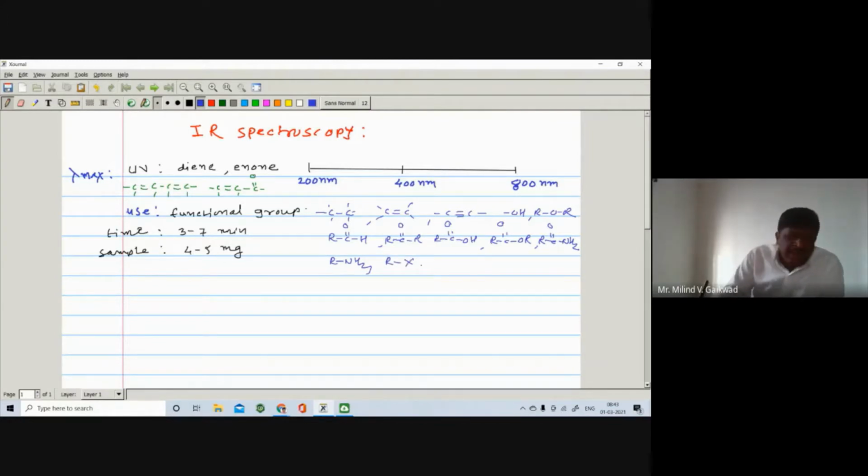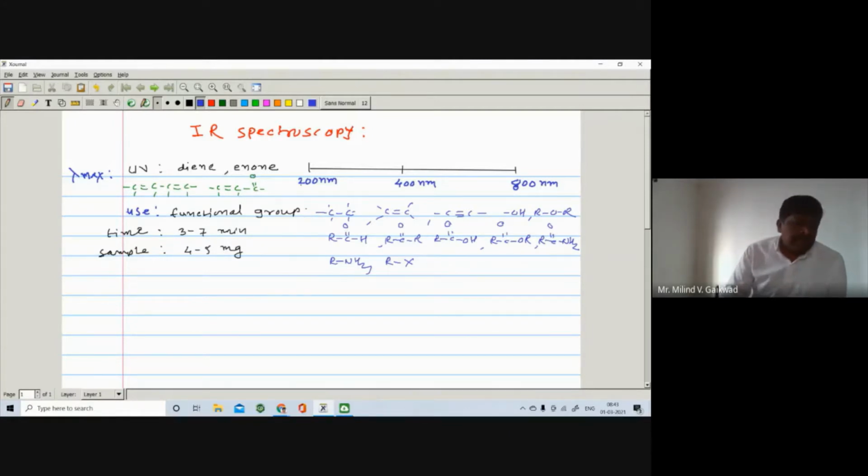So you have a number of functional groups, and these functional groups absorb in the IR. What is the use of this IR spectroscopy? IR is useful to find out the presence of the functional group. So getting a spectrum in so and so region, it indicates that there may be the presence of that functional group. So this is about the IR spectroscopy.